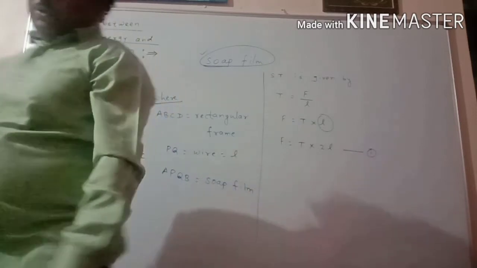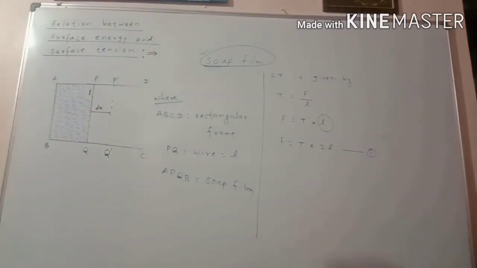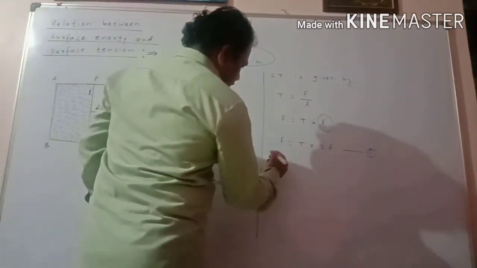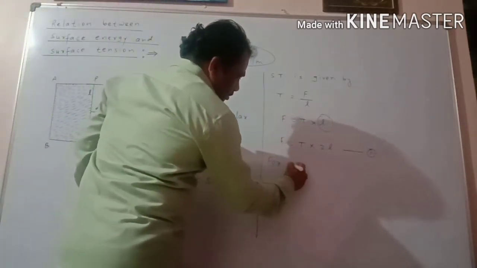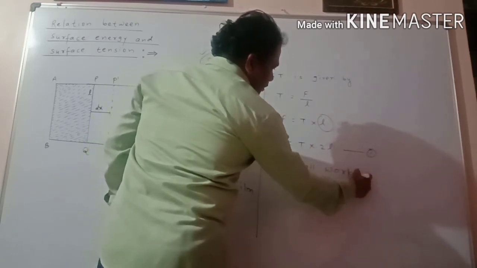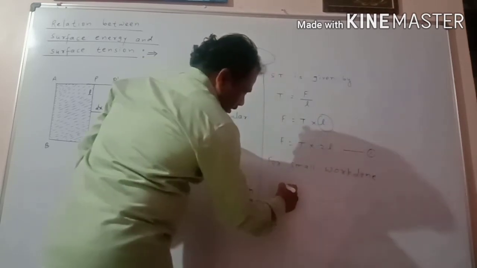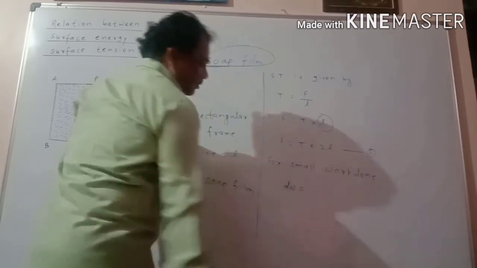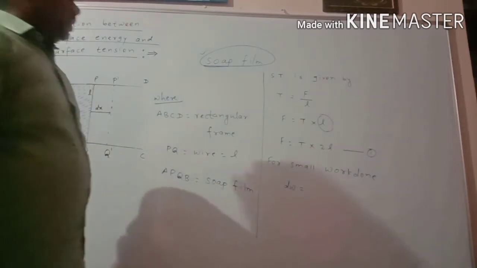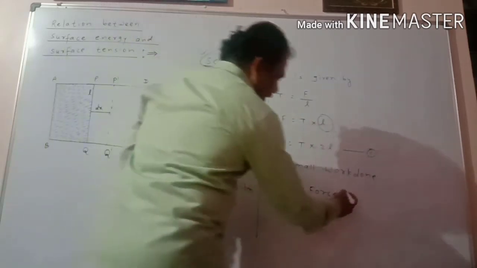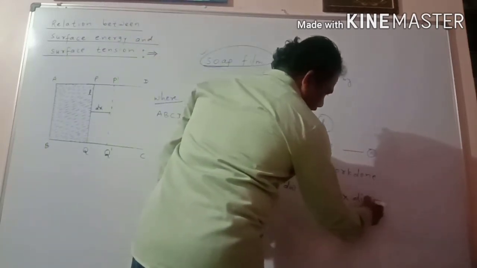To calculate work done, there is a basic formula. So for small work done, dW, the work done is equal to whatever force you apply multiplied by displacement.